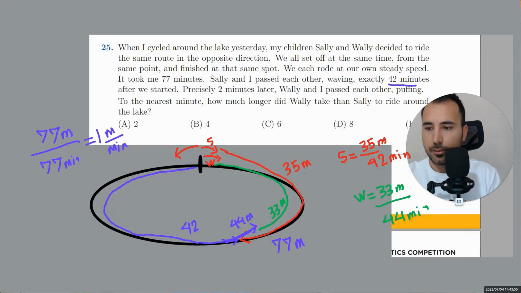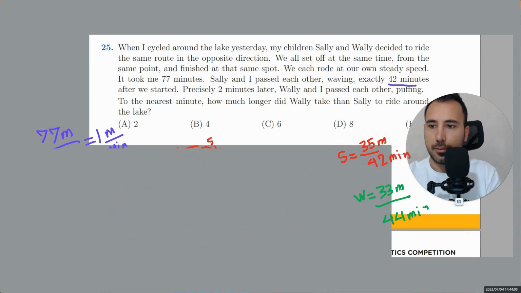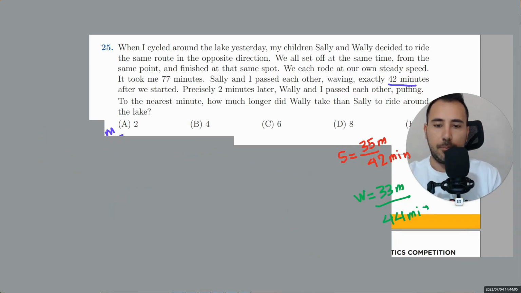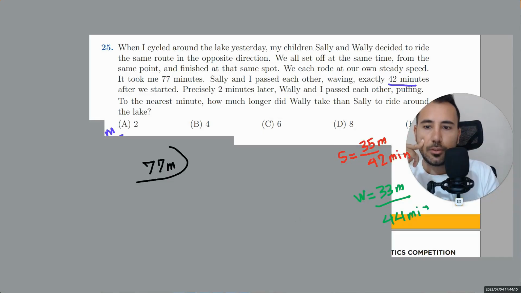So let's go and answer the question now. Okay, so let me do some cleaning. So how many minutes will it take for Sally to go 77 meters? To go all of this. She would go 35 in 42 minutes. So it will take 77 divided by 35 multiplied by 42.